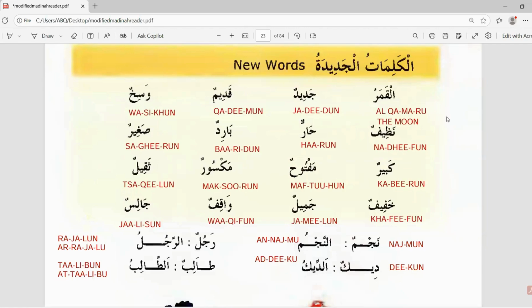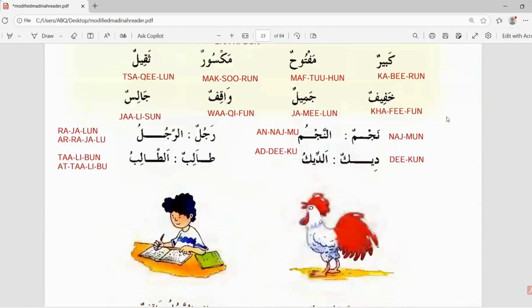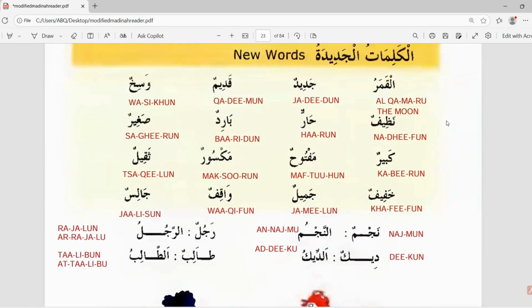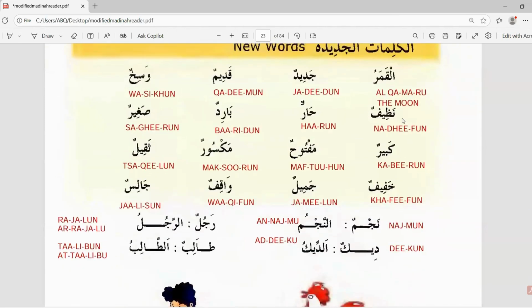So let's go through the new vocabulary, and we will cover the next part of this lesson, inshallah, in the next lesson.